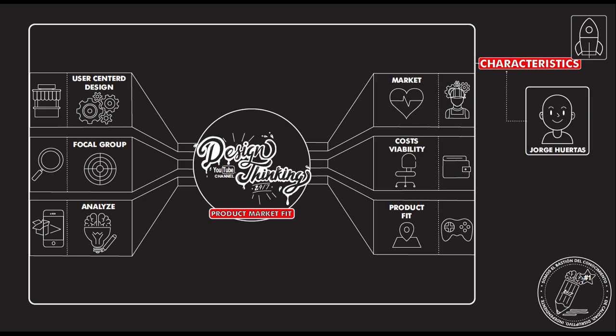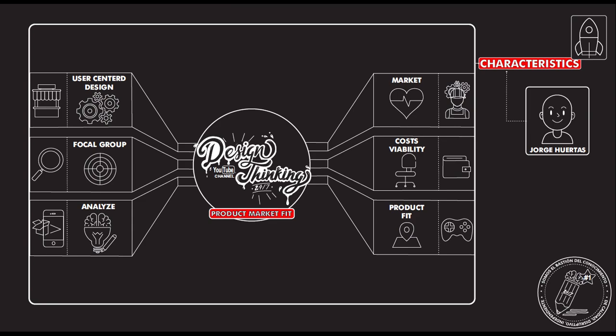Finally, when you have all that information, the focal group, the analysis, the market, the cost and viability, you decide and you choose the product fit, where it will be. That is an extremely important decision because if you do it well, you could have a successful business or development.